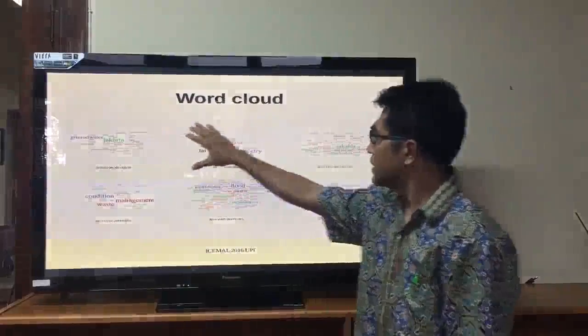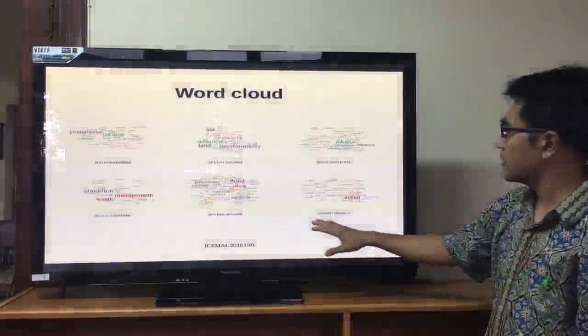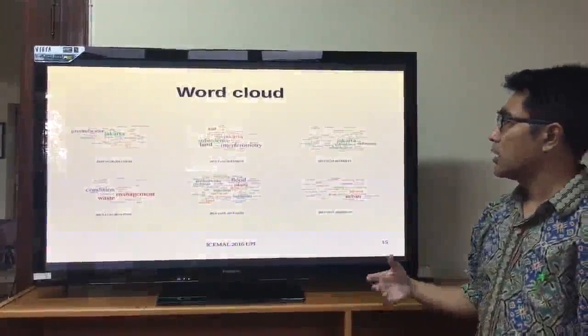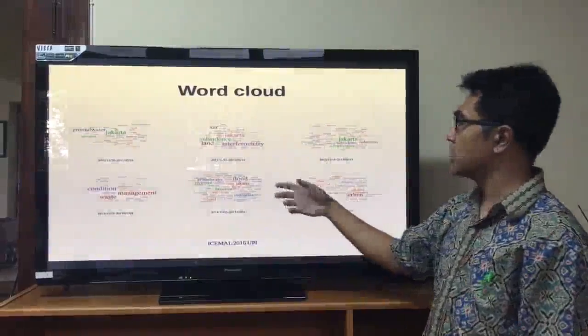So in this new period from 2010 to 2015, more terms about mapping are introduced by the papers.